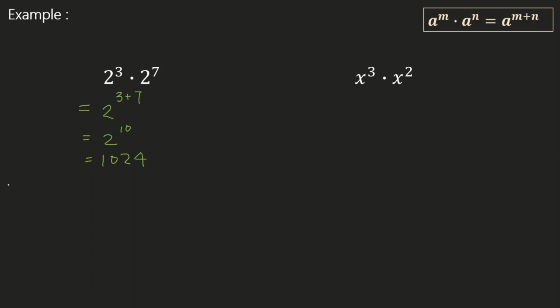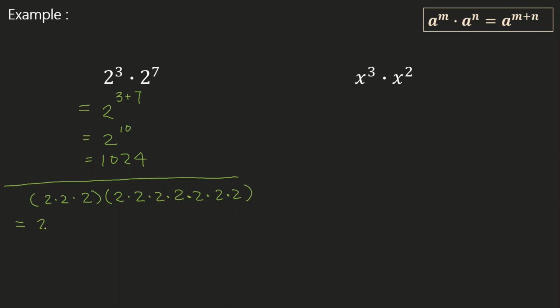Okay. Now let's use another way to compute this problem and see if we get the same answer. 2 to the third means we have 3 2's multiplied together, and then multiplied by 2 to the 7th. 2 to the 7th means we have 7 2's multiplied together. Now let's take off the parentheses.